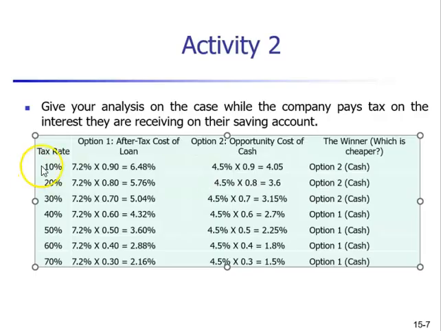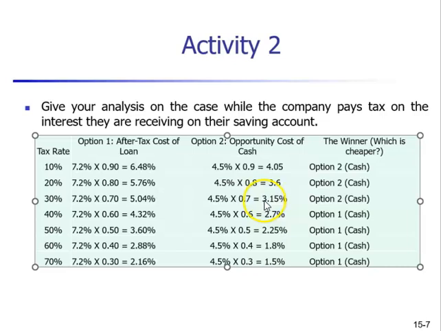in the situation that the tax rate is 10%, in fact you are receiving 4.05%. If the tax rate is 30%, you are not receiving 4.5%. You are in fact receiving just 70% of that, because you will pay tax on that 30%.